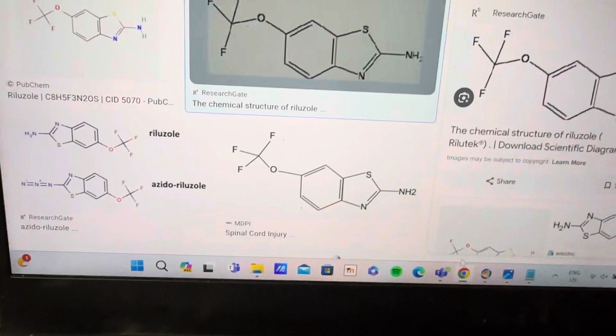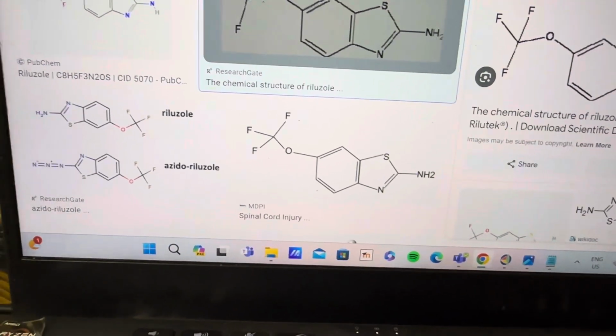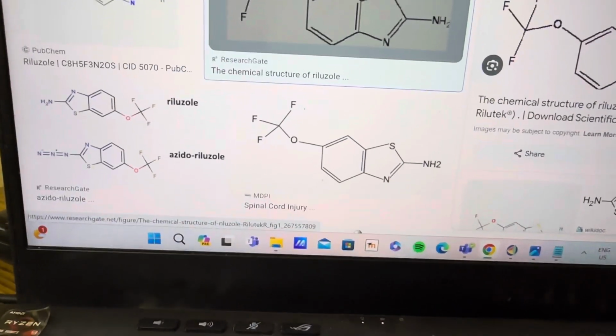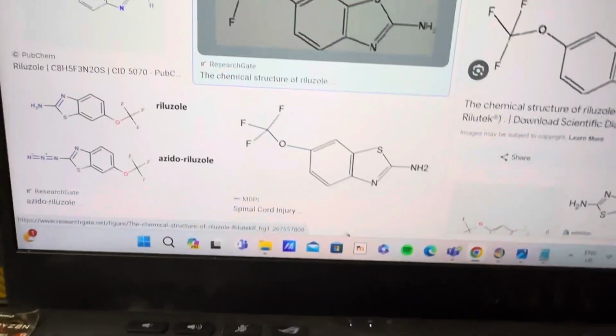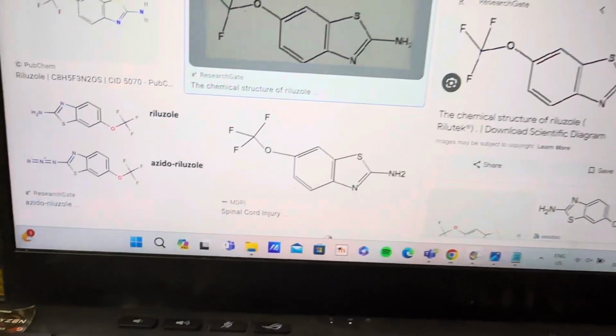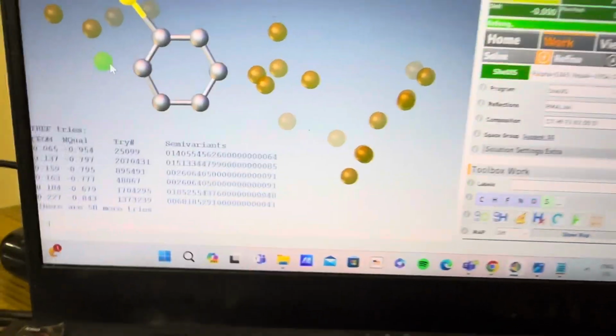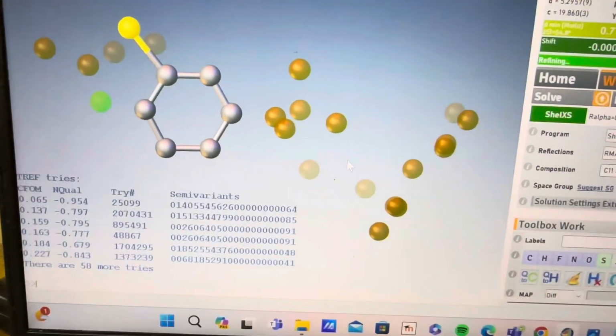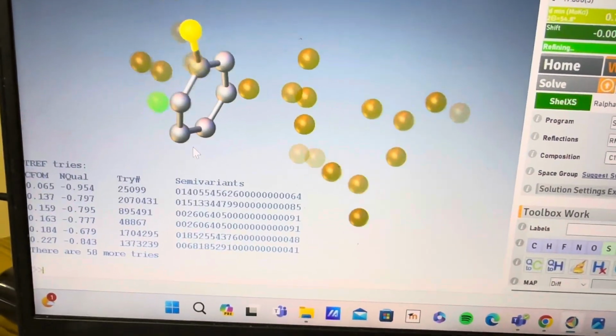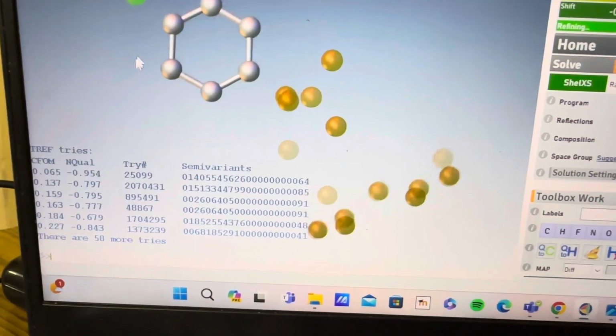Adjacent to the carbon atom to which the sulfur is attached, a nitrogen atom is attached. So this here should be a nitrogen atom. It's the closest we can check in all conformations as well.